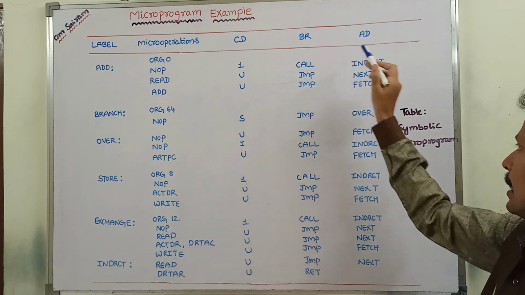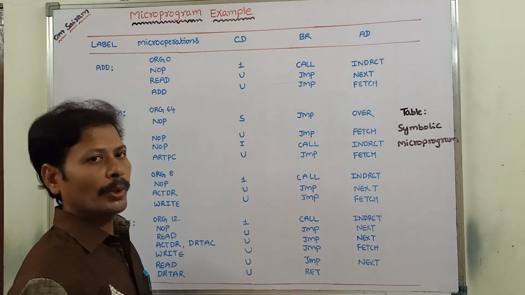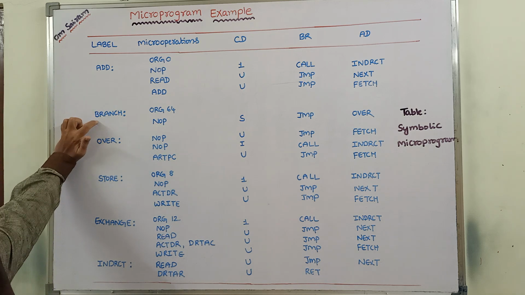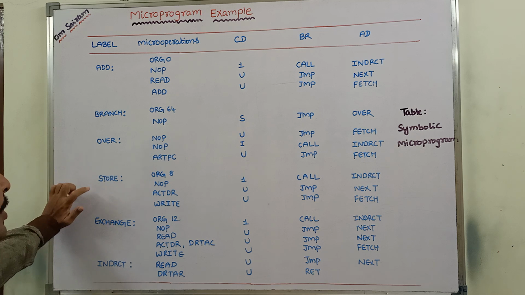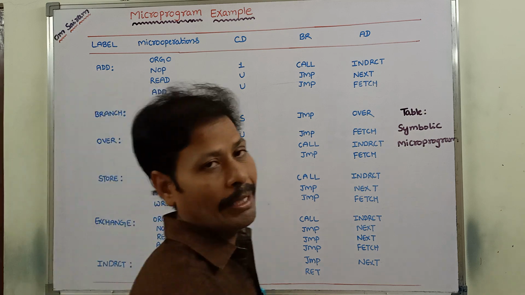In this table we have to write the symbolic microprogram for the add microinstruction, branch microinstruction, store microinstruction, exchange microinstruction, and indirect.